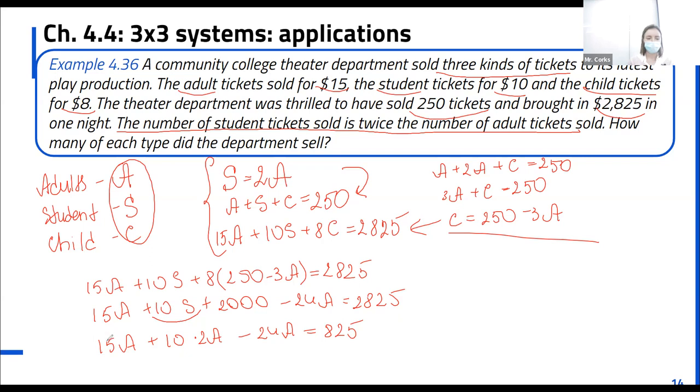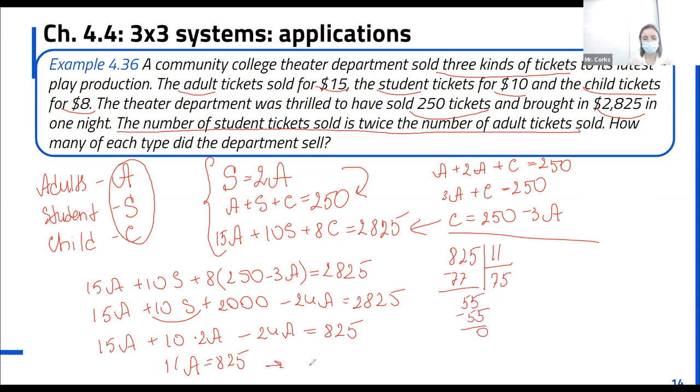So 15 plus 20, 35, minus 24 is 11. 825. So let's calculate what we have. 75.